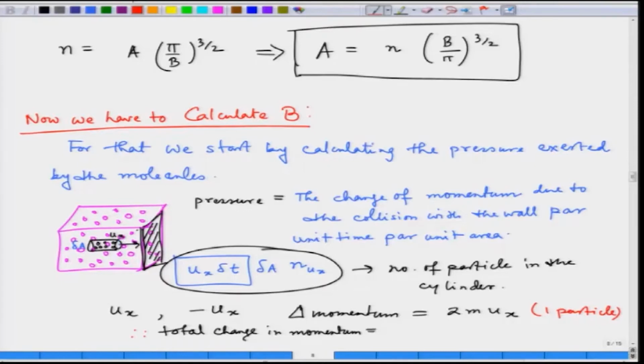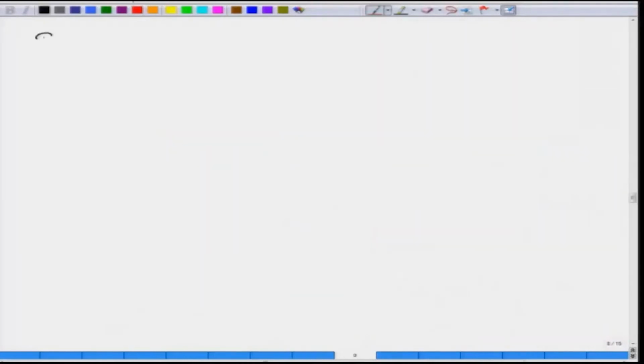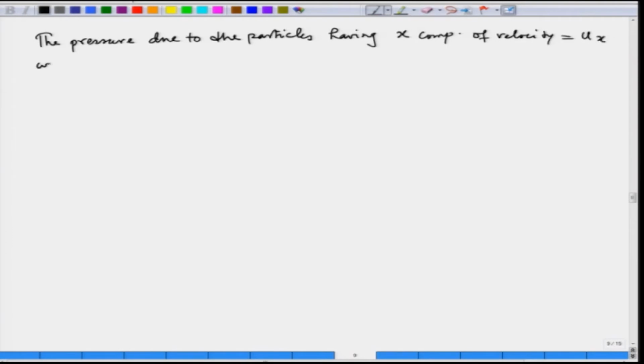Total change in momentum will simply be 2 m ux times n(ux) delta t delta A. So, the pressure will now be this thing divided by delta t delta A. The pressure due to the particles having x component of velocity equal to ux will be equal to 2 m ux square.